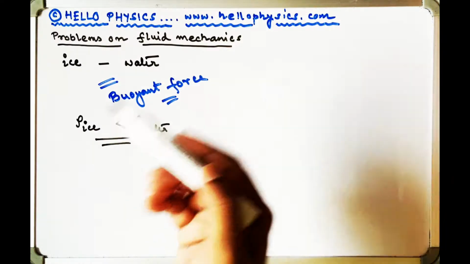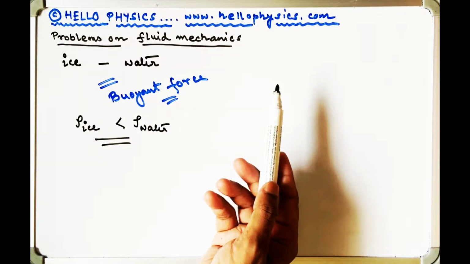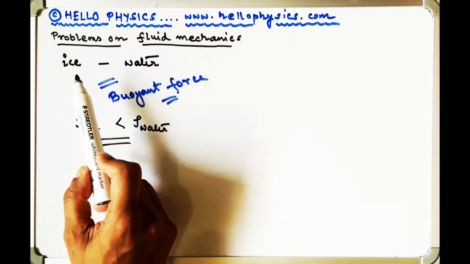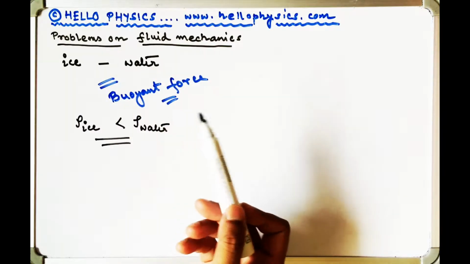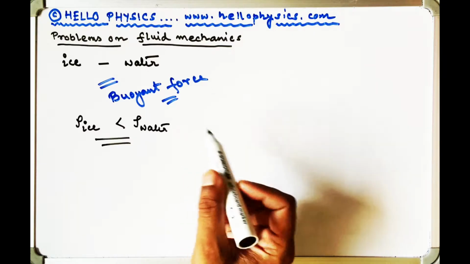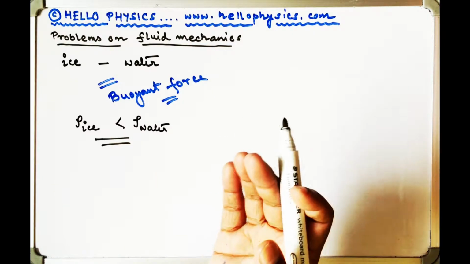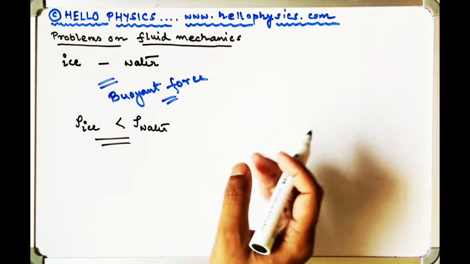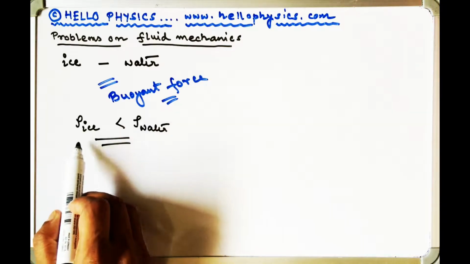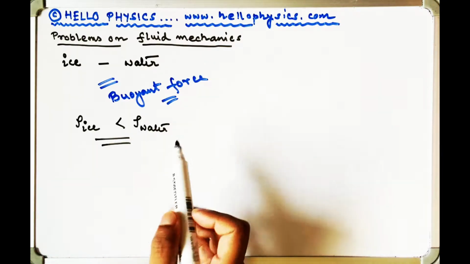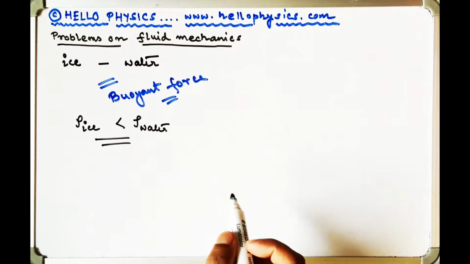How density of water varies with the change of state to the solidified form is a different study altogether, and we would get back to it in the chapter on thermodynamics. But as of now, please understand that density of ice is less than water, hence ice floats on water.